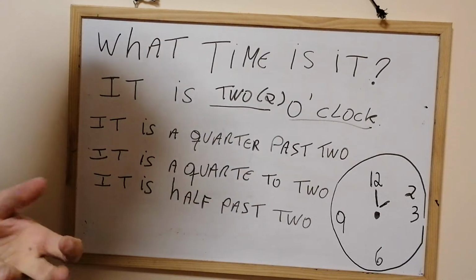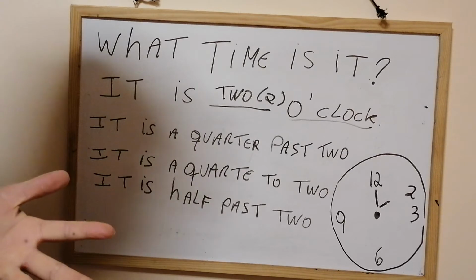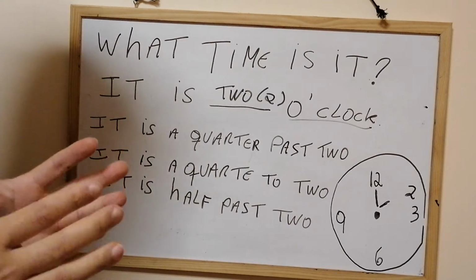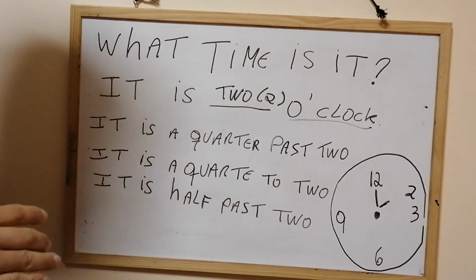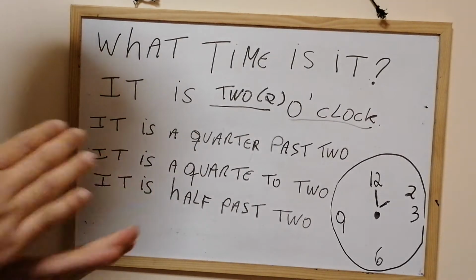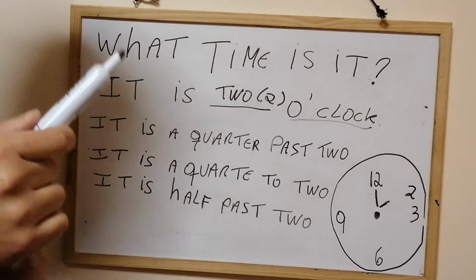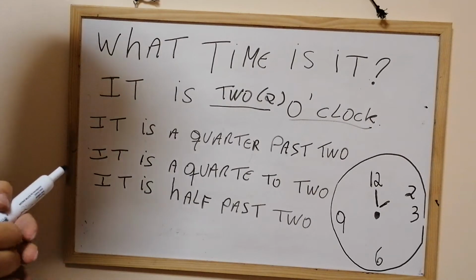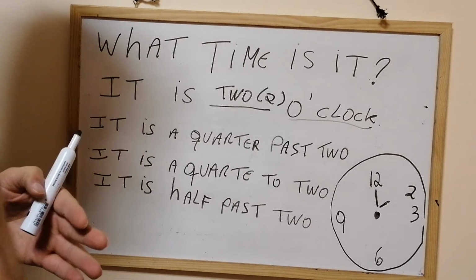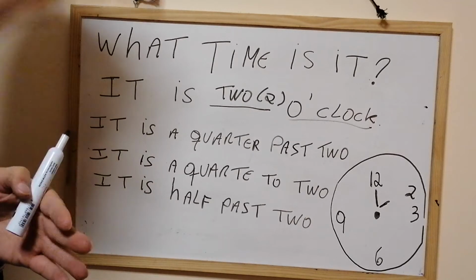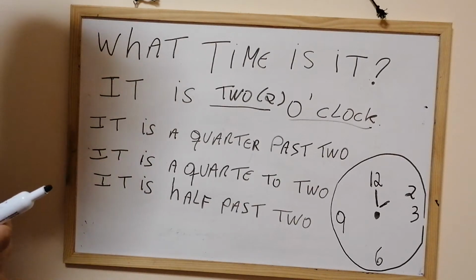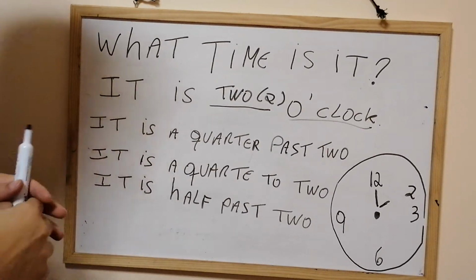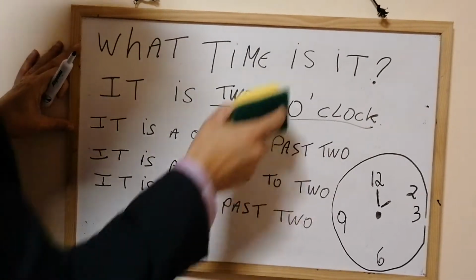So 1 o'clock, 2 o'clock, 3 o'clock, 4 o'clock, 5 o'clock. If we have the hour completed without a single minute, when the clock hits and we hear the bang, bang, bang, bang. Do you know when we're walking around the town and you hear the bells in the church? It always sounds when we have a full hour completed. So it's 2 o'clock.